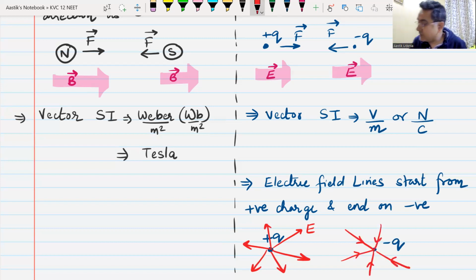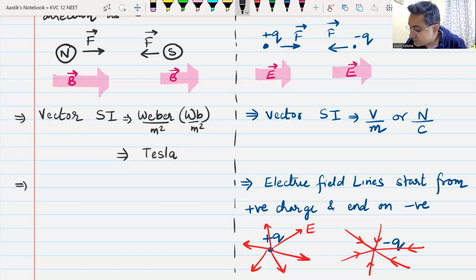Electric field lines have a starting point. Electric field lines have an end point. They start from a positive charge and they end on a negative charge. Positive and negative charge can exist on their own. But the problem with a magnet is magnet cannot have one pole.